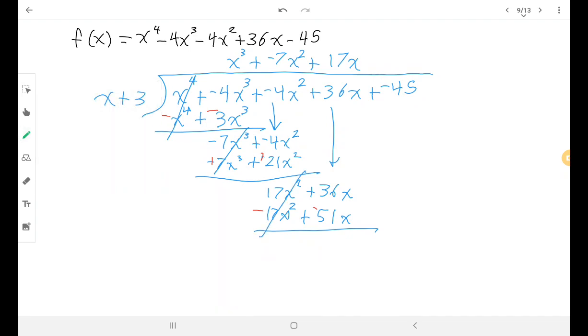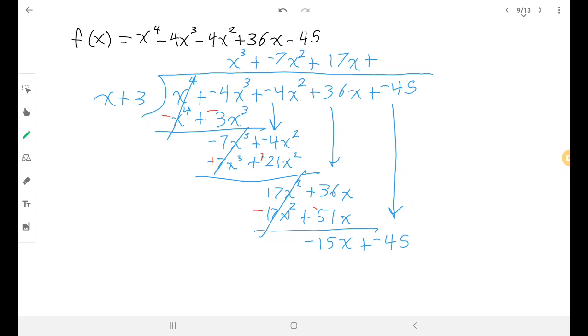Those two cancel. That's how you designed it. And then 36x plus negative 51x, that's negative 15? Yeah, negative 15x. Bring down the plus negative 45. Put a plus here, and we'll start the game over again.